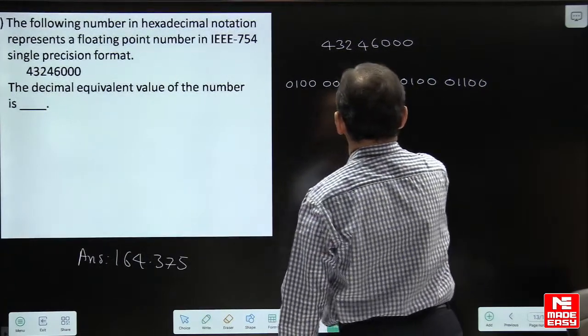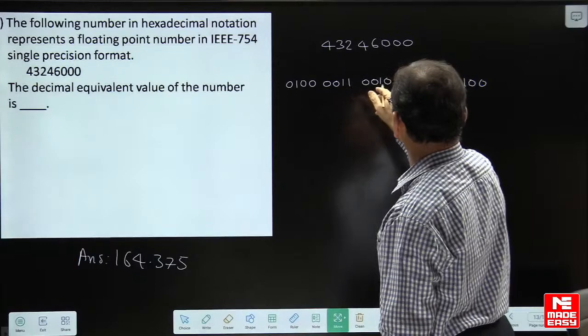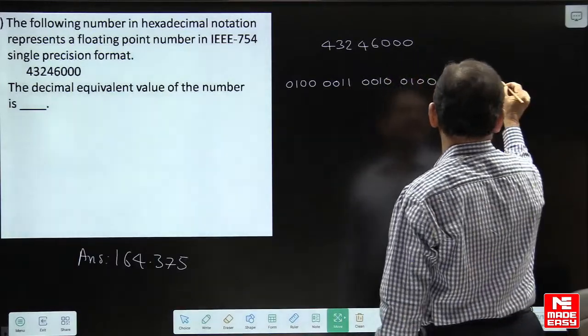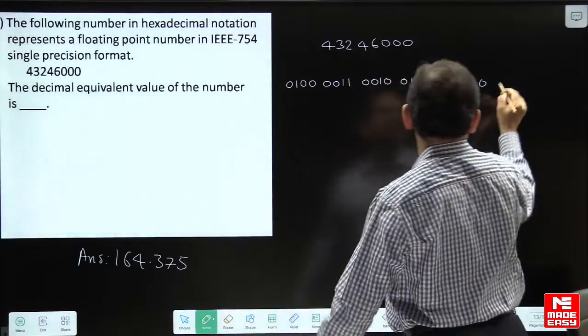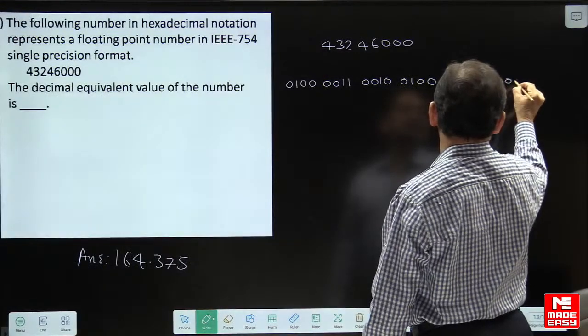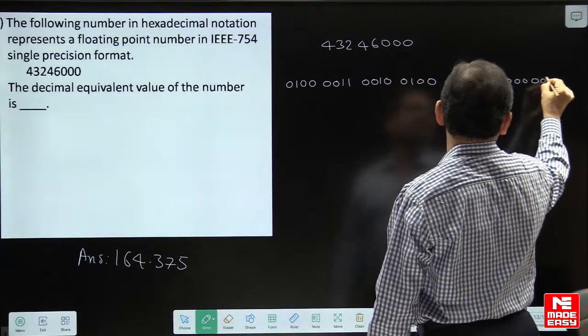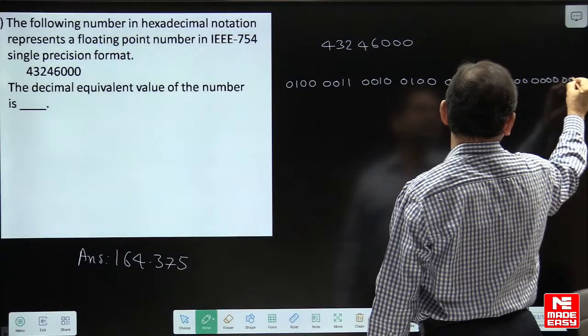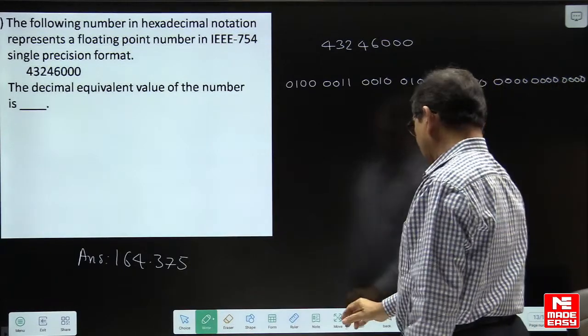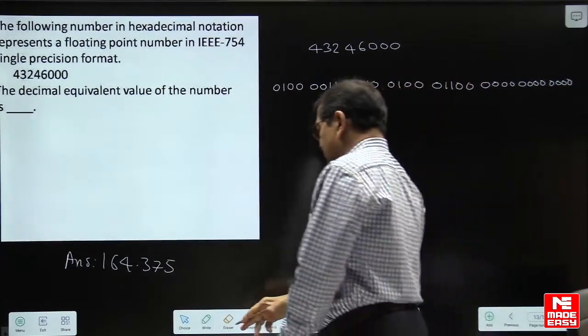This is 4, this is 3, this is 2, this is 4, this is 6, and later, if you look here, all zeros, right?